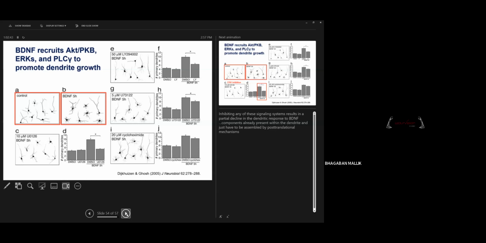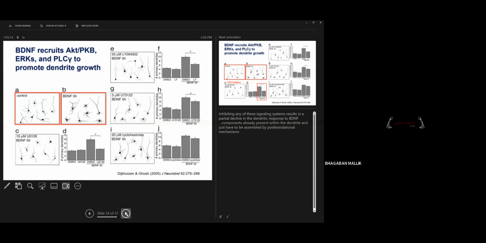But when they added these inhibitors for either AKT or PKB or ERK, you can see that they have added these inhibitors at 10 micromolar. You can see that you have less neuronal growth, or here they have added another inhibitor.